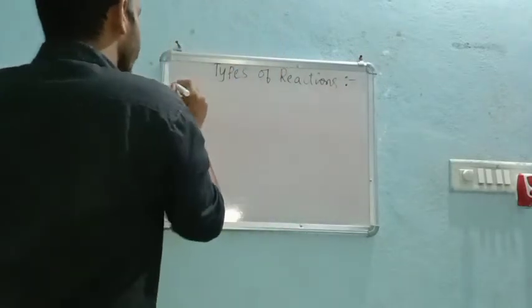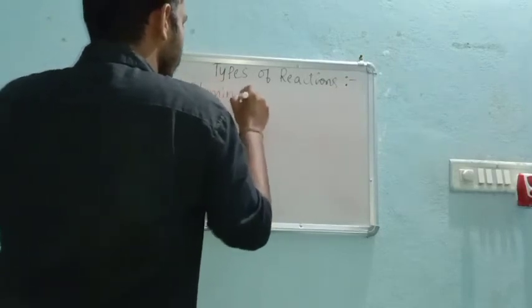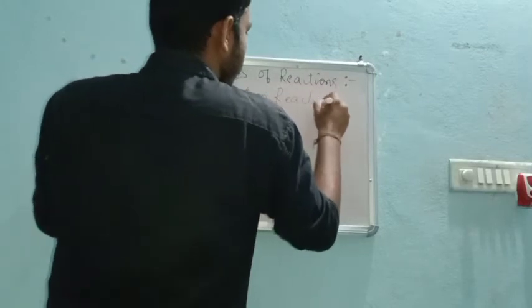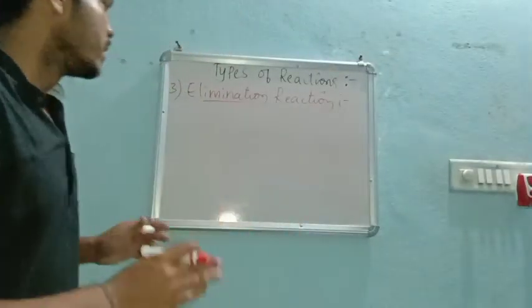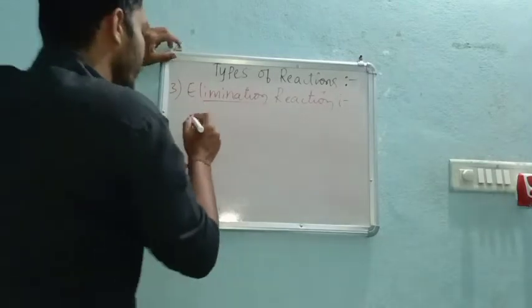Next, coming to the elimination reaction. The third type is elimination reaction. The name itself indicates eliminate. Eliminate means to be removed, or remove. Right? Very simple. See, I will write one example. You can come to know very easily.